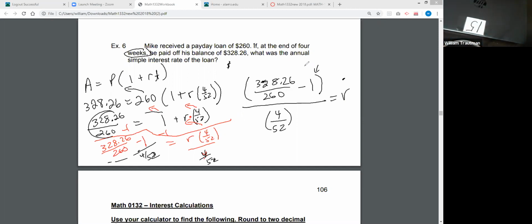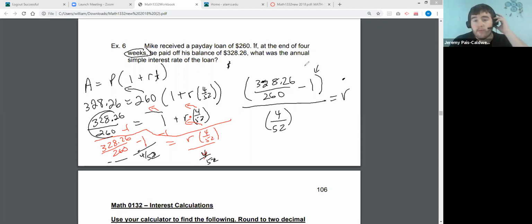So start off by typing in a fraction, and then on top you have to put another fraction: 328.26 divided by 260. Then arrow over and put a -1. Arrow down below it, put another fraction, and you get 4/52.